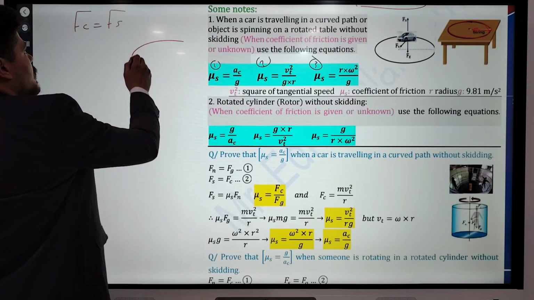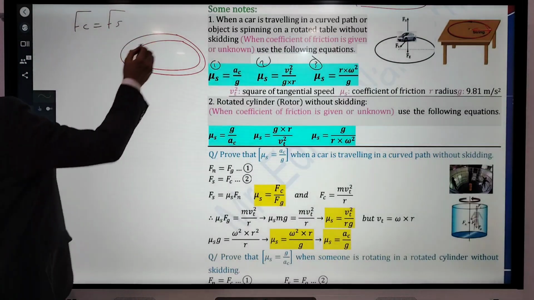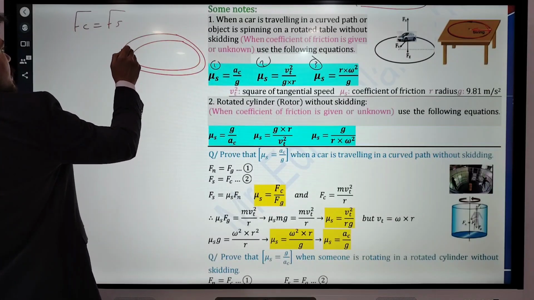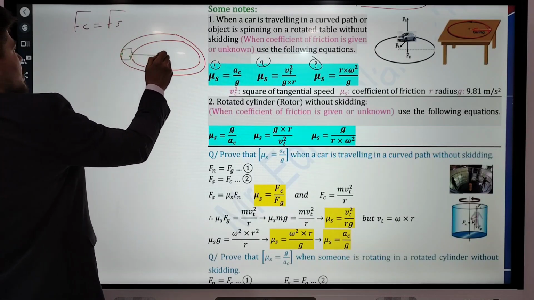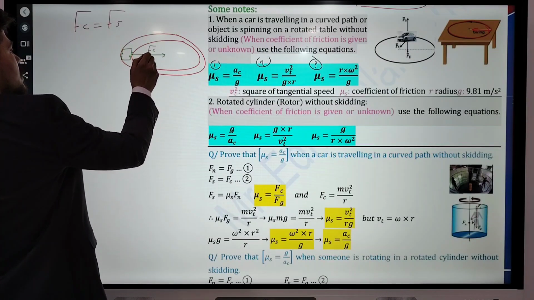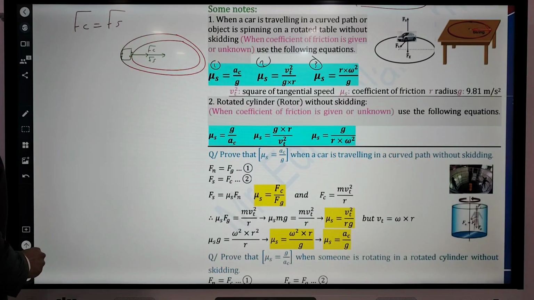When a car is moving in this circular path, the centripetal force is directed toward the center, and the static frictional force is also toward the center.